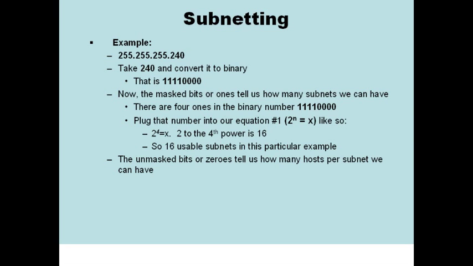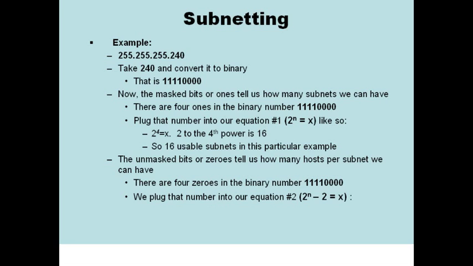Now, the unmasked bits, or the zeros, tell us how many hosts per subnet we can have. There are 4 zeros in the binary number 11110000. So now we plug that into our equation number 2. 2 to the n power minus 2 equals x. So it's 2 to the 4th power minus 2 equals x.